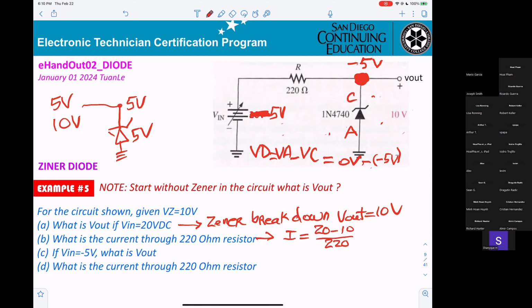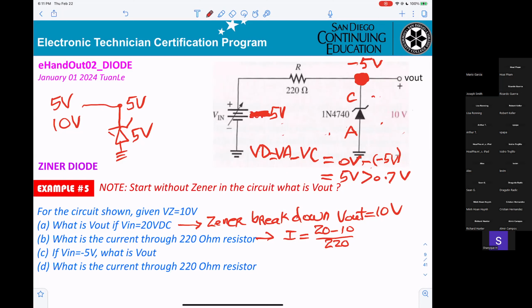And VC is minus 5. So VD equals 0 minus minus 5, that is 5. That will be higher than 0.7 volt. So the diode now will be on.